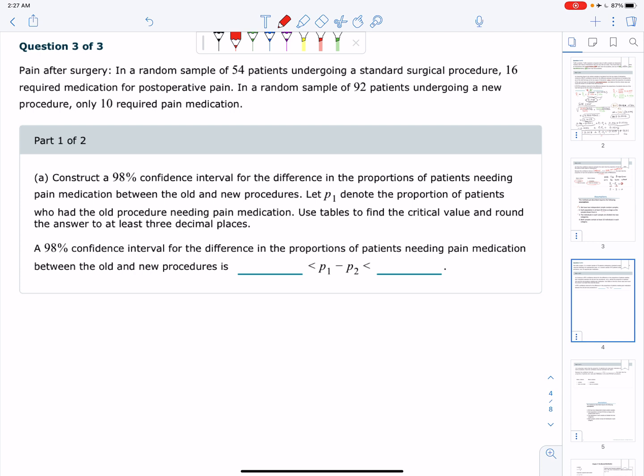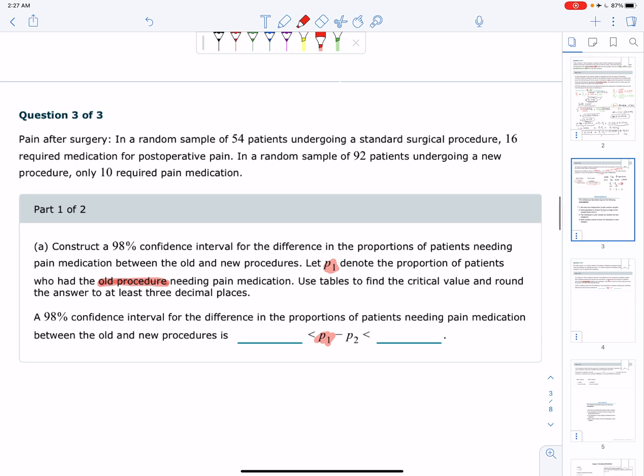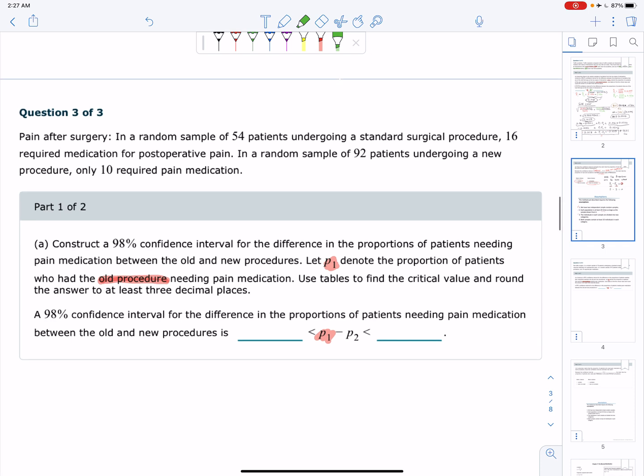There's a lot of information that we need to unpack and sort, and we're going to start right here. Let the population proportion from the first population denote the proportion of patients who had the old procedure and needed pain medication. So that's the first population, the green is the old, and the green's the new.